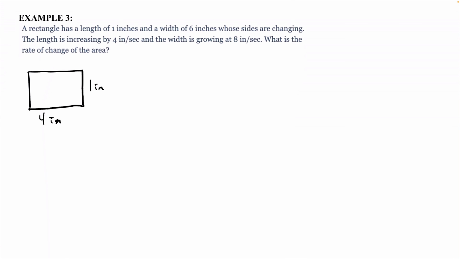Oops, not 4, so it would be 6, right? Those sides aren't staying the same though. They're increasing. Those sides are getting bigger as we speak. So 1 inch is getting longer, 6 inches is getting longer.